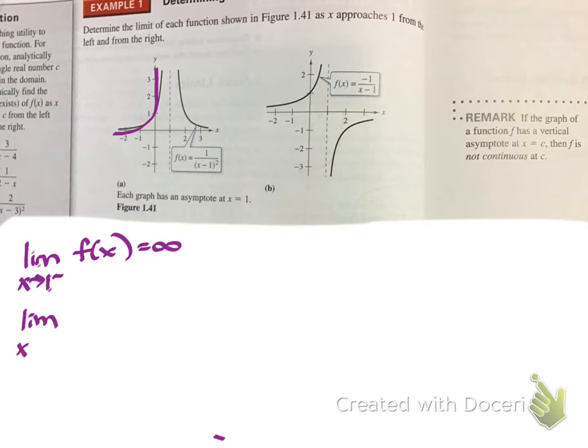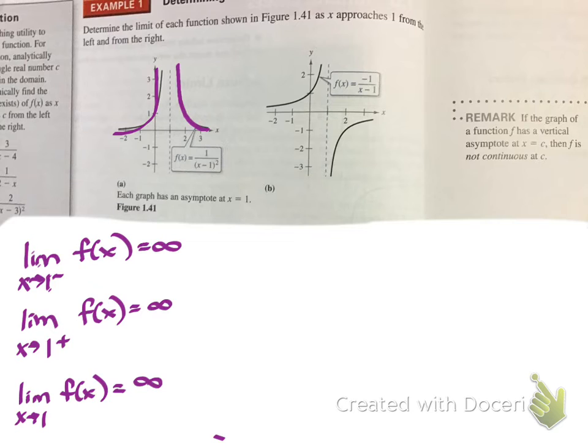The limit as x approaches 1 from the right of f of x, traveling along the graph, getting closer and closer to 1, going up to positive infinity. Since these infinities agree, we'll say that the limit as x approaches 1 of f of x goes to infinity. But we just have to remember that even though we are writing that, it does not mean the value of the limit is infinity. It means it doesn't exist. Why does it not exist? Because it goes to infinity.